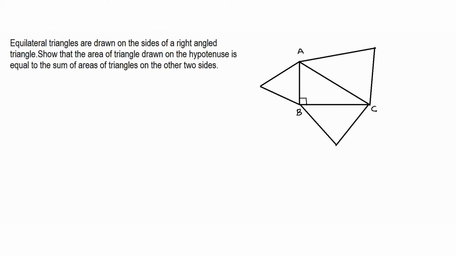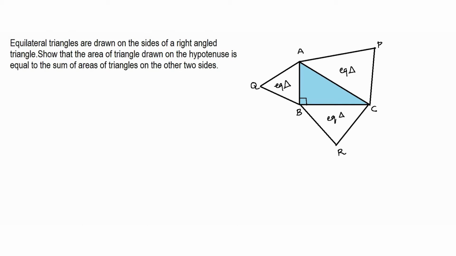So this is our original triangle. On all the sides of this triangle, I have drawn three equilateral triangles. So APC is one equilateral triangle, AQB is the other equilateral triangle, and BRC is the third equilateral triangle. So all these are equilateral triangles.